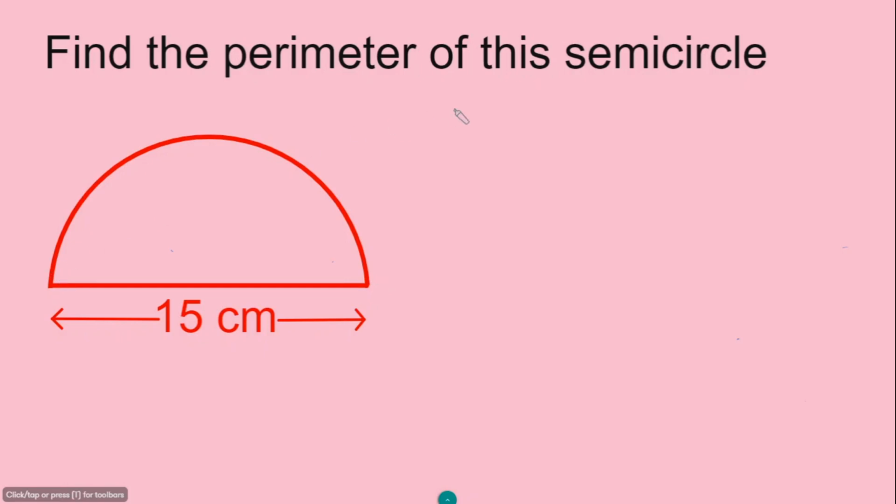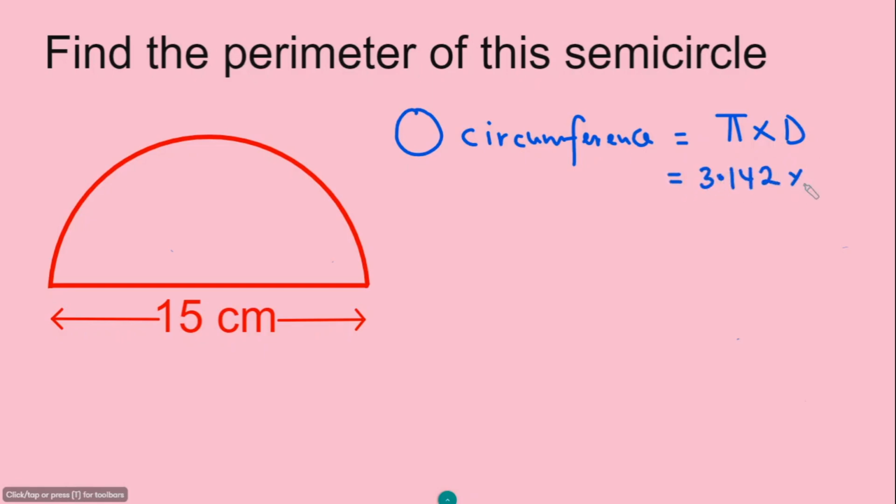So first we'll find the circumference of a full circle. Because I'm given the diameter, I'm going to use pi times diameter. Note the value of pi is 3.142, and the diameter here is 15.